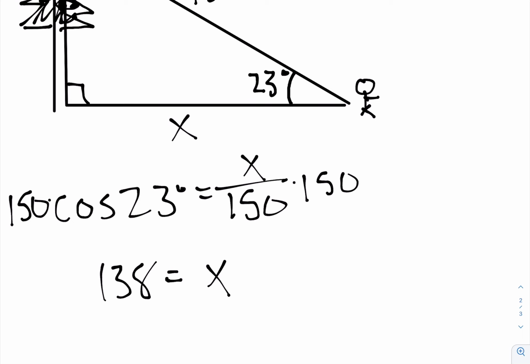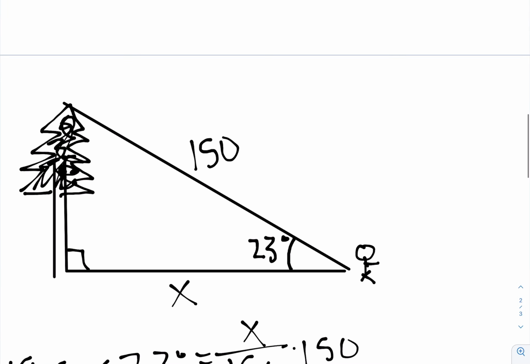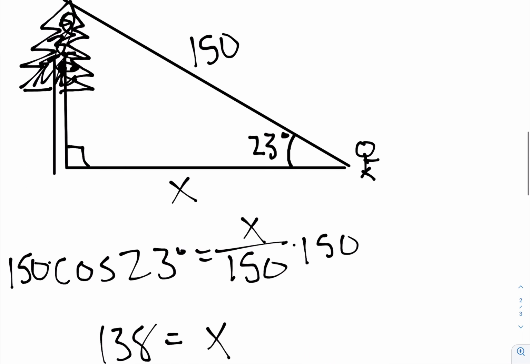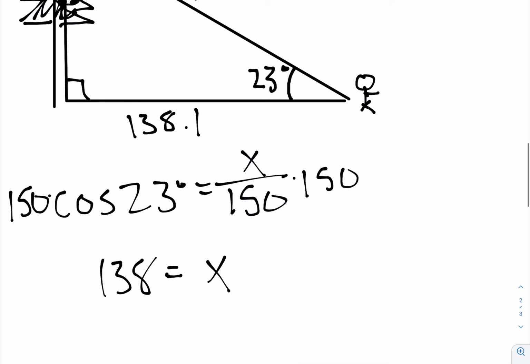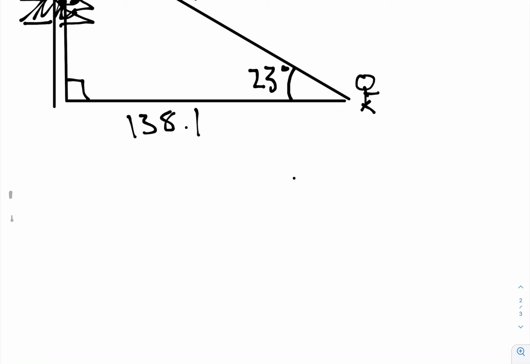And you'll notice that last time in this situation, we got 59. It was actually 58.6 to be exact. So this was 58.6, and this x here was 138.1. So we can use Pythagoras to make sure we're doing this right.